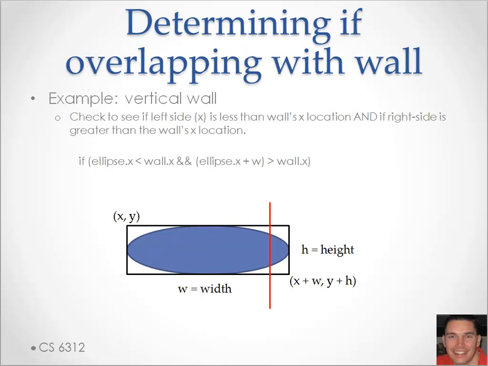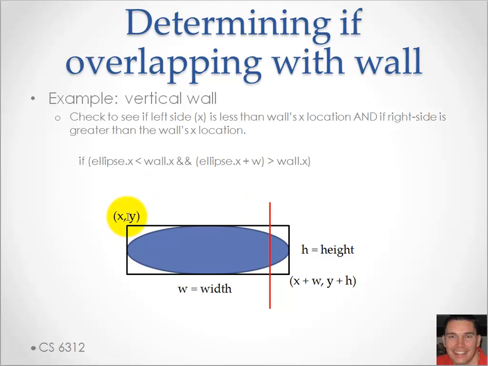Now, once we have that bounding box, we can determine if it has overlapped with a wall. What we can do here is, in a situation where we've got a vertical wall, to determine if this object has overlapped the wall, in other words, collided with it, we can check to see if the left-hand side, x's location, is less than the wall's x location.